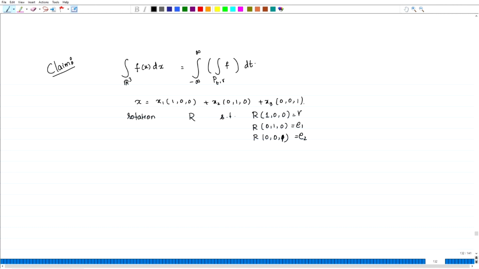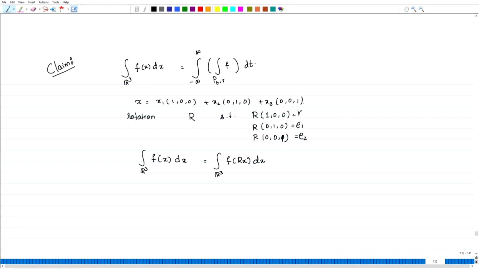Then this is also going to be an orthonormal basis gamma, E1 and E2, and therefore, if we write the integral over R^3 of f(x) dx, this is equal to the integral over R^3 of f(Rx), and again the Jacobian determinant has modulus 1.